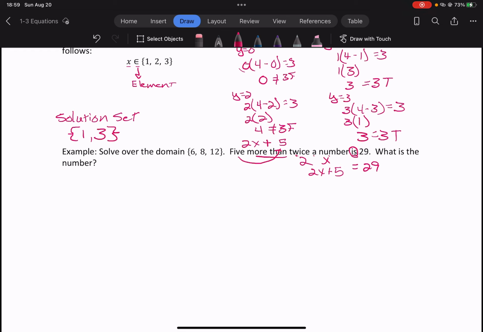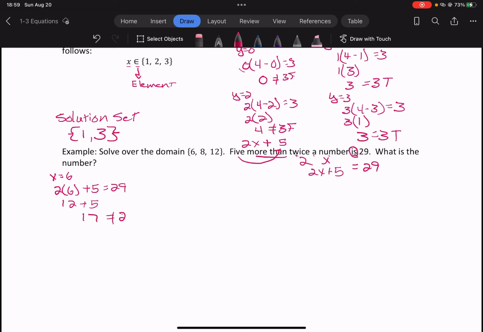So we want to solve over the domain 6, 8, 12. So let's look at x equals 6. I've got 2 times 6 plus 5 equals 29. Well, 2 times 6 is 12, plus 5 is 17.